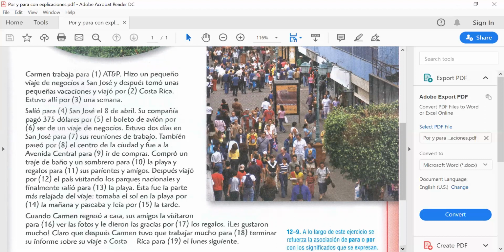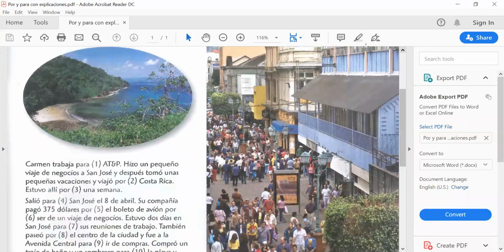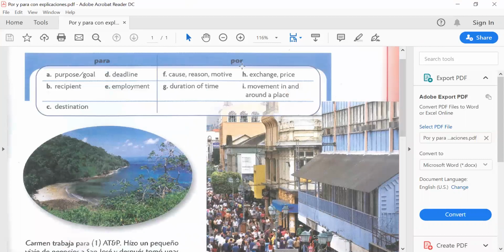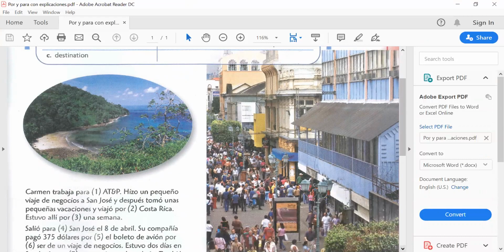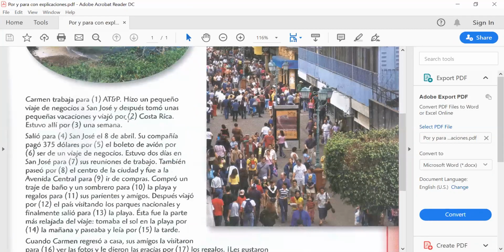And number 2, we can look down here and see that the answer is I. So we'll go up here and we'll look and see that it's over here under por, it's movement in and around a place. So it says that she took a vacation around, remember it said in and around a certain place, so she took a vacation around Costa Rica.